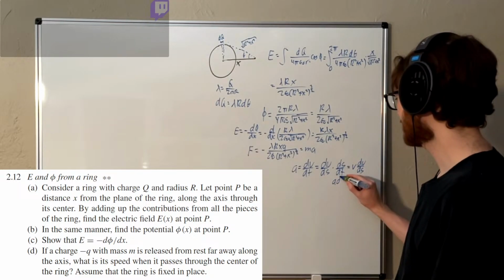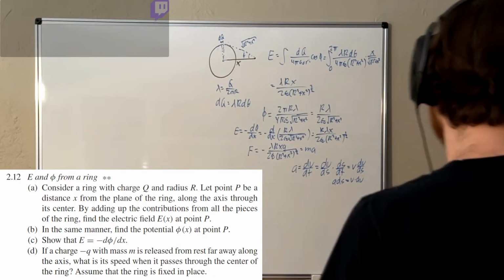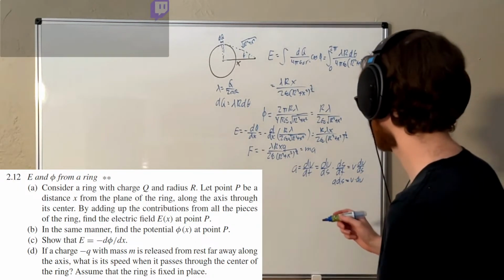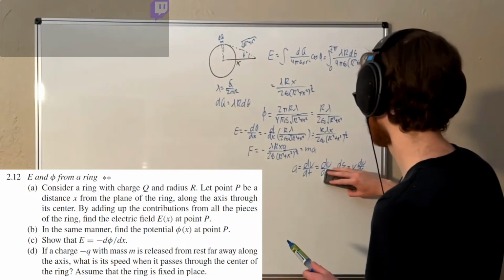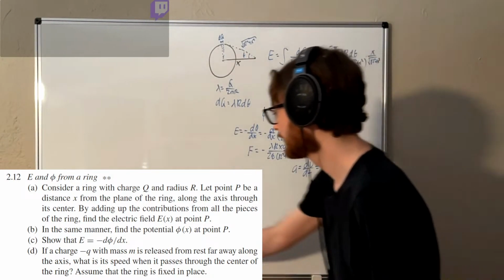So then A times ds is equal to v times dv. I guess I'll use x here because we're using x in the problem, but s is more general for arc length.